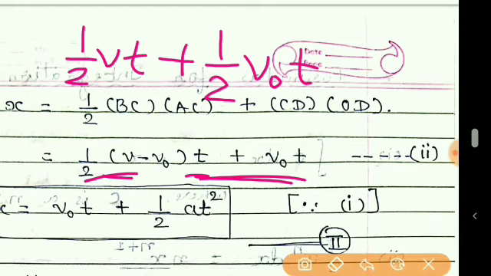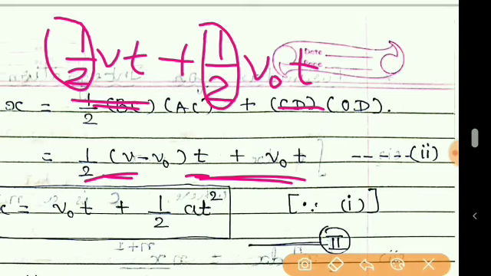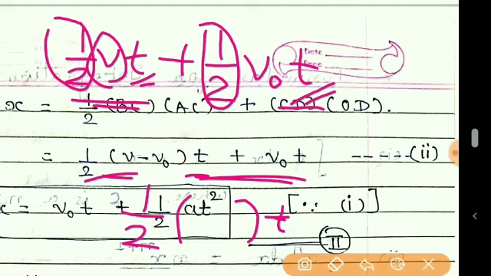Now what is common in both these terms? You can see 1 by 2 here also, 1 by 2 here. T is here as well as here. So you can say that half into t is common. What remains here? V, and here v naught. So v plus v naught.